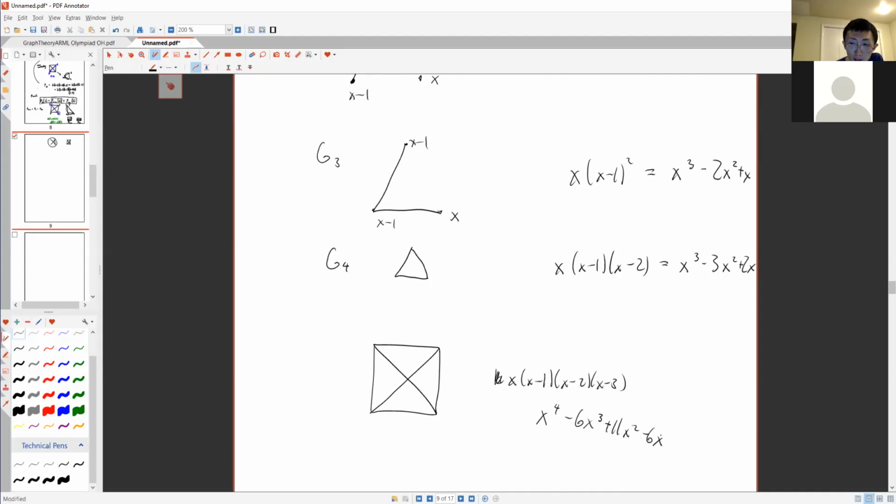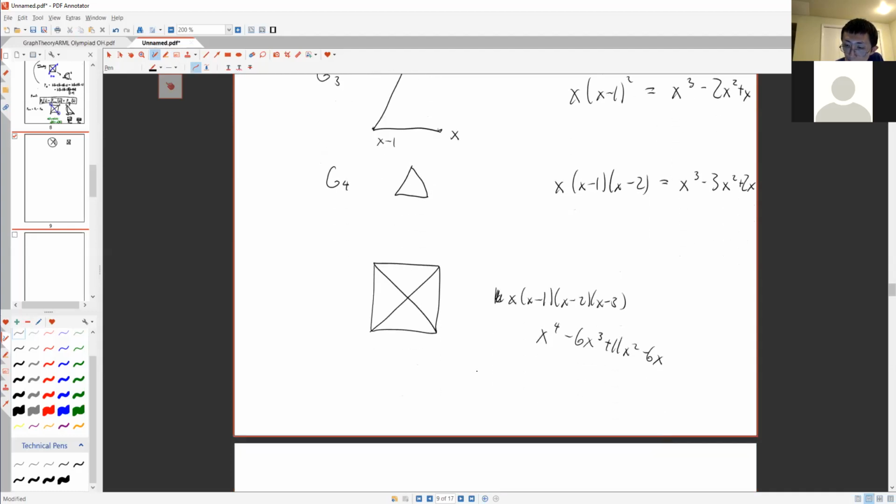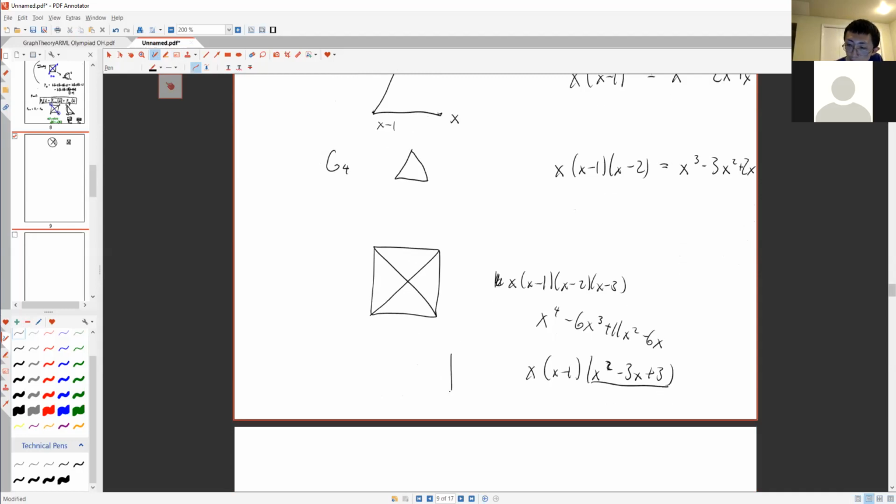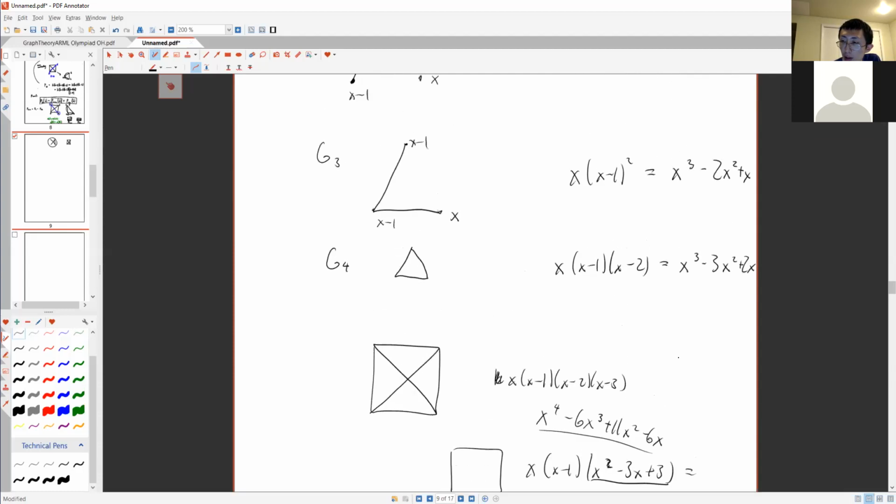But when I deleted 2 of its diagonals, it looked like x minus 1 times x squared minus 3x plus 3. And this has no integer roots, right? So that was the chromatic polynomial for this cycle. And I'm not going to multiply it out, but you can multiply it out if you want.